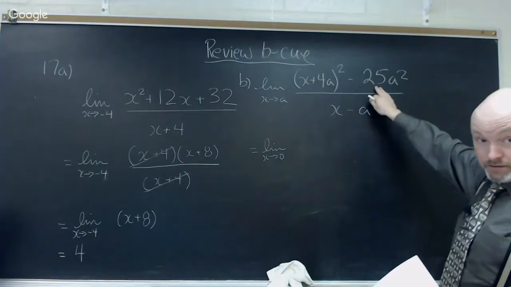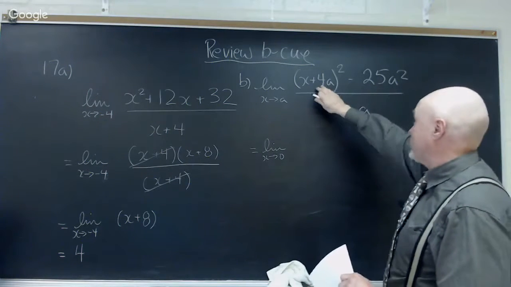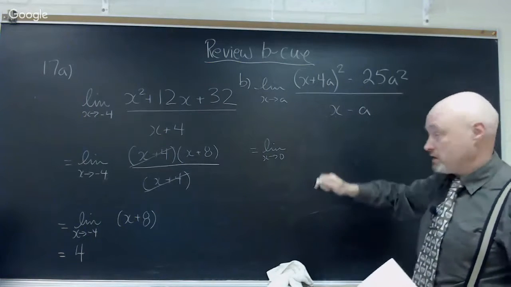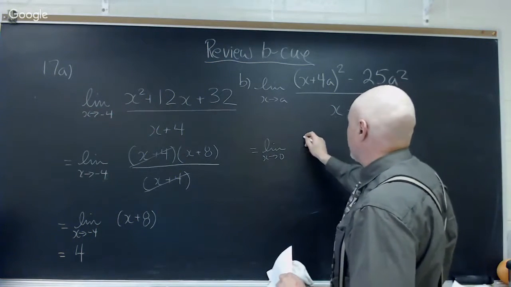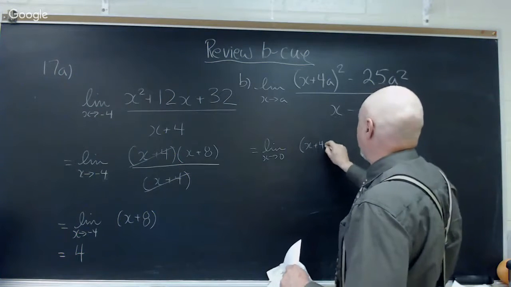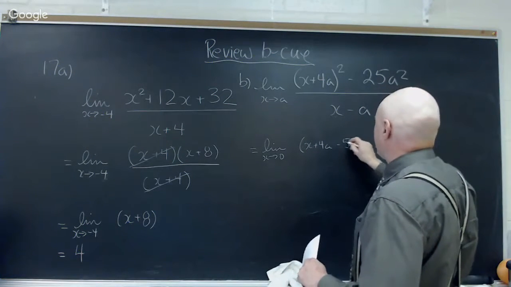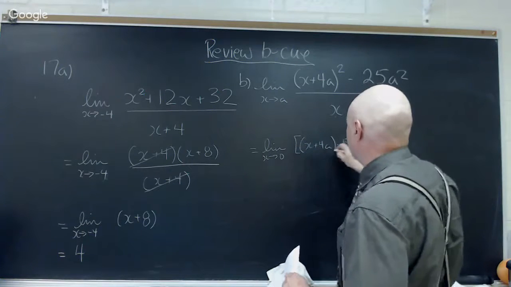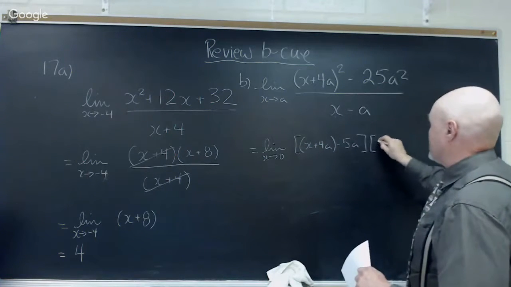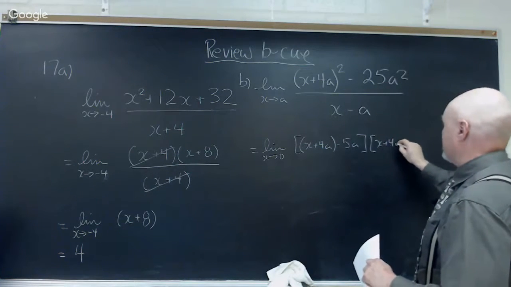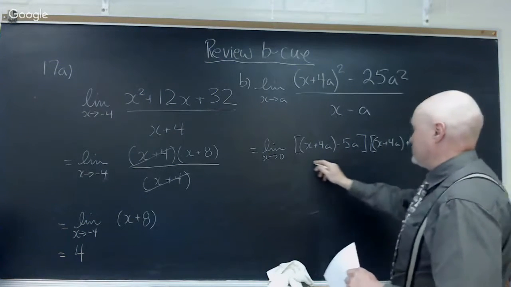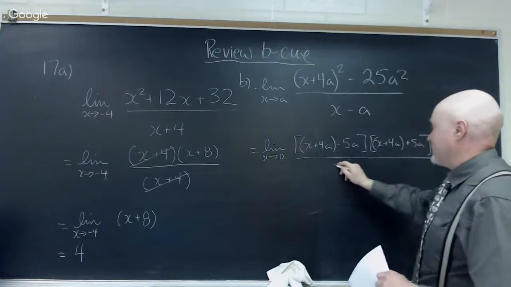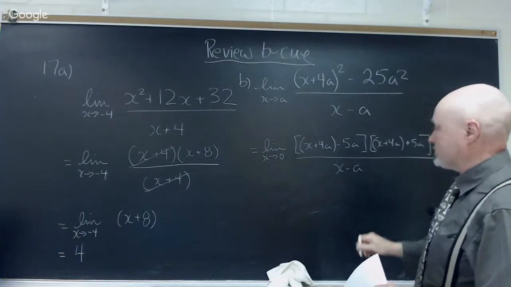Difference of squares. Okay. And this is something squared subtract something squared, so we can still do difference of squares. And so this is going to be x plus 4a minus 5a times x plus 4a plus 5a. And this is all going to be over x minus a.